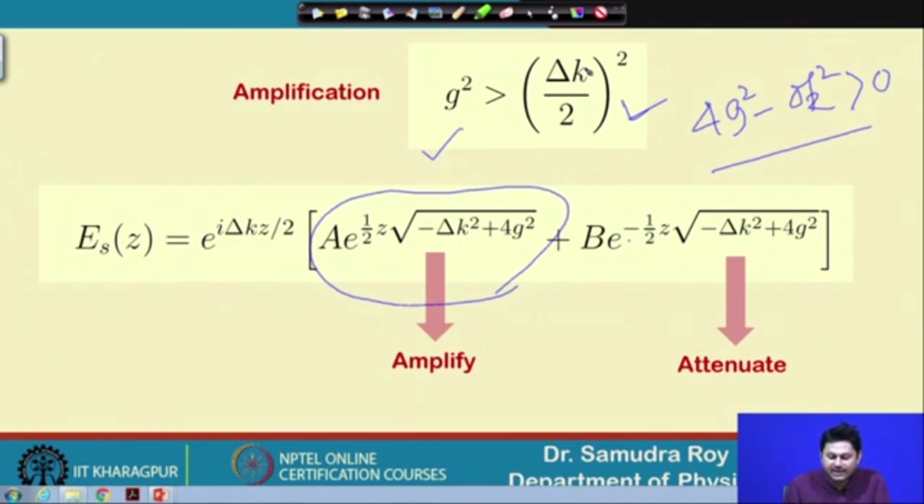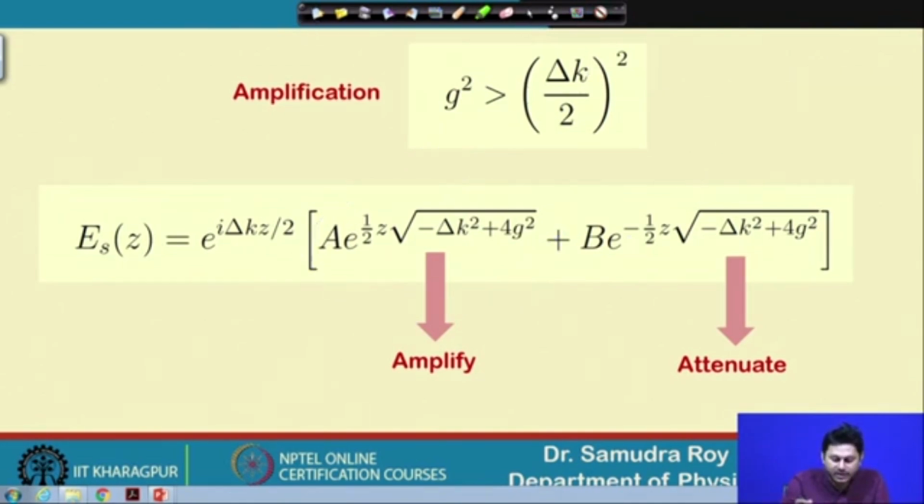Now, if delta k equal to 0, then the condition is simply that g has to be greater than 0, which is always the case, because g is a positive quantity. So, we will readily have the amplification of E s, but delta k not equal to 0 puts a kind of restriction, or threshold condition, for amplification.